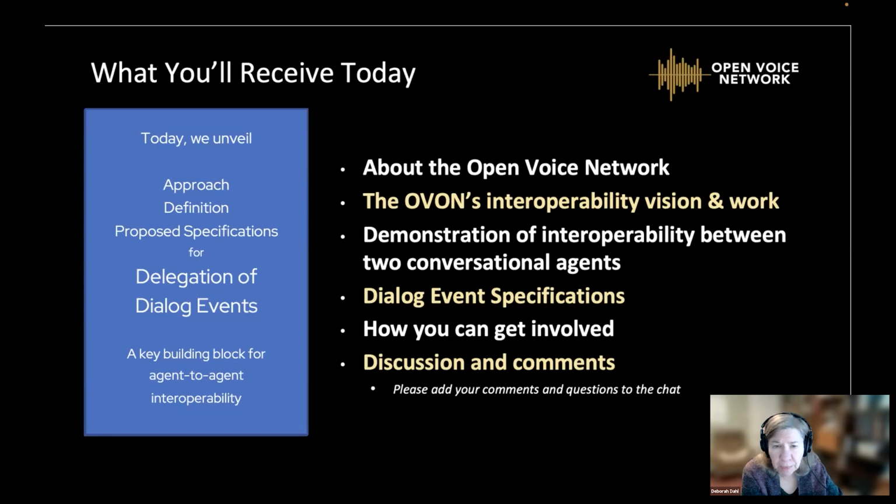We'll talk about how you can get involved, and we'll have a chance for everyone to offer their suggestions and comments. Today, it's a big day. We'll unveil our definition of our proposed specifications for delegating dialogue events. And we'll talk a little bit about what that means in a second. This is a key building block for agent-to-agent interoperability.